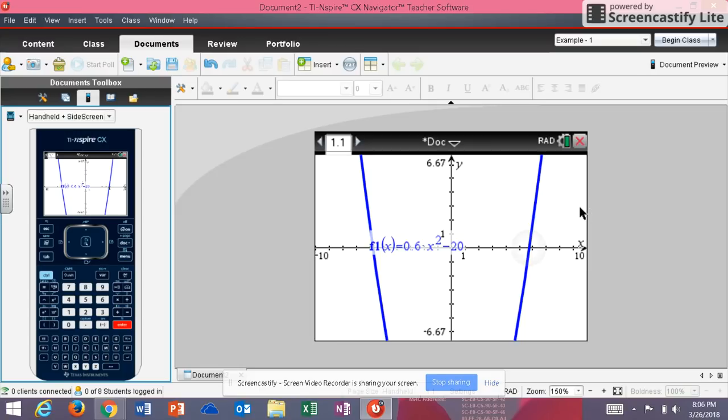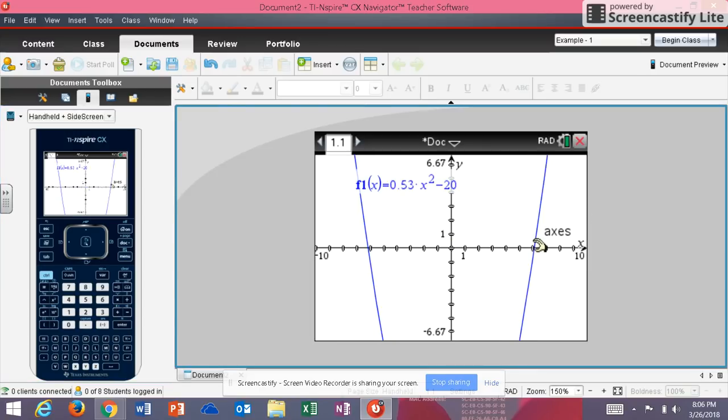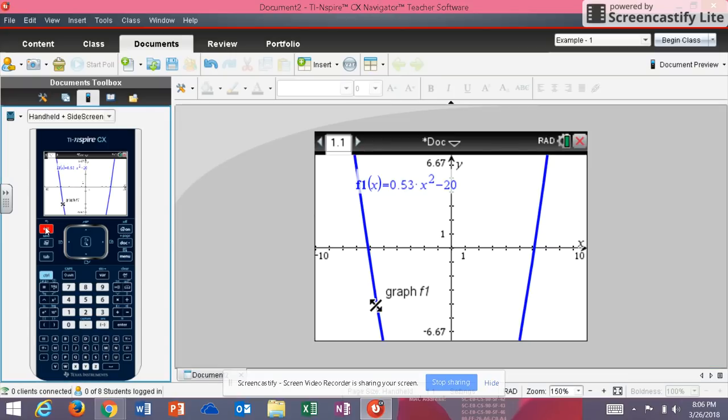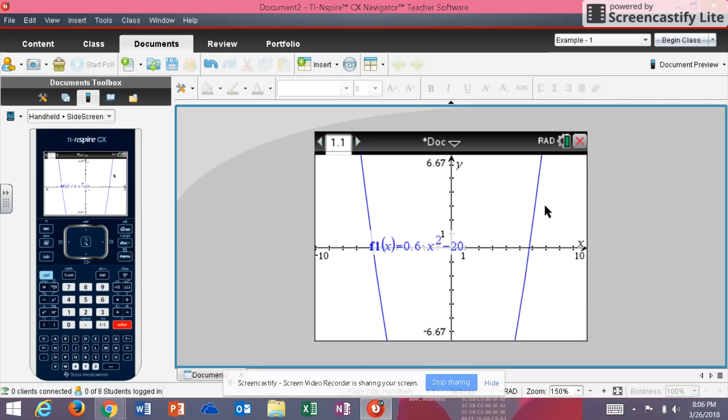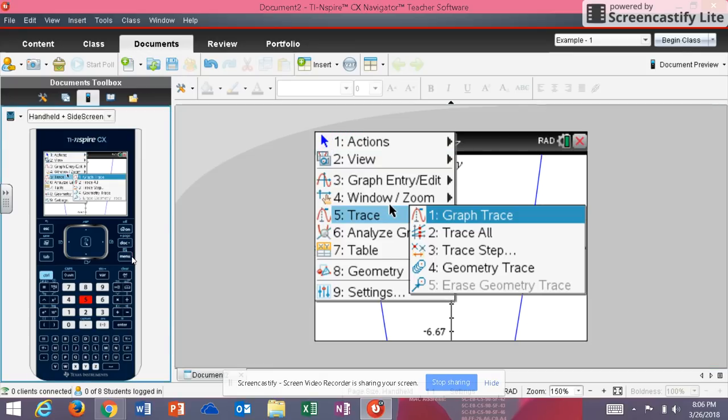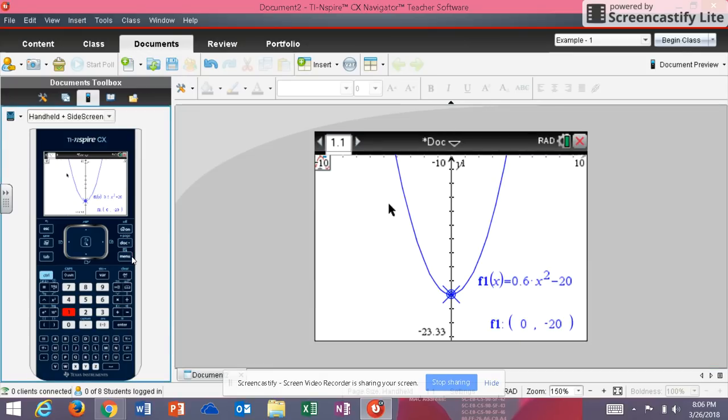We've got an x-intercept here. Oops, I moved the graph around. Let me undo that. Just going to press escape. Well, now I've really done it. Okay, now we're back. I'm going to stop trying to write on the screen, and we can do our menu 5-1, menu trace.